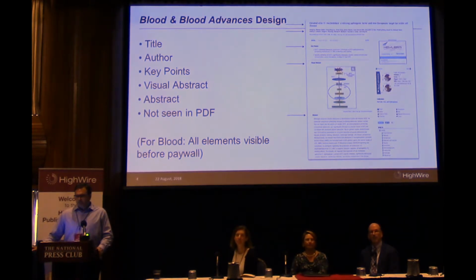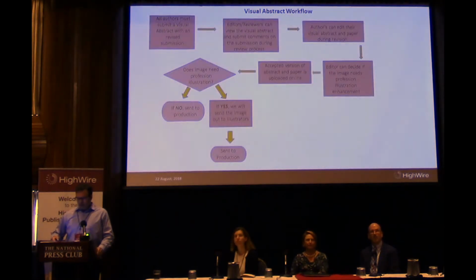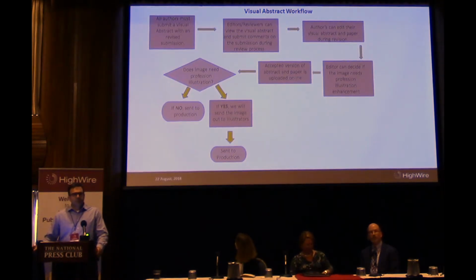None of the visual abstracts are seen in the PDF, and the visual abstract is available to any reader. Specifically for Blood, this applies because that obviously is a description of the journal. To get that visual abstract, we have a very complicated, apparently duotone workflow that you can't read, but it's pretty similar to what Sherry was explaining before.